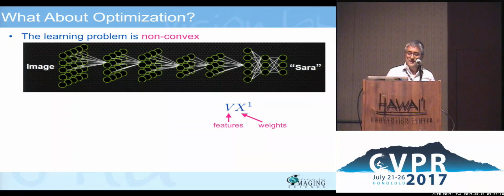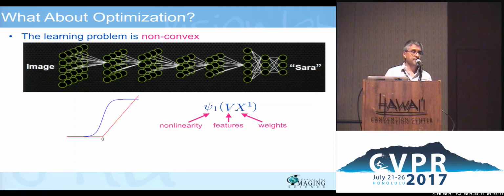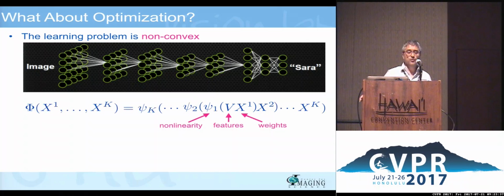What you do next is apply a nonlinearity. And as I mentioned earlier, it could be a sigmoid, it could be a rectified linear unit. And that gives you the second layer. So now you repeat the process. You apply a second linear transformation and a second nonlinearity. And you do this capital K times if you have a network with K layers.